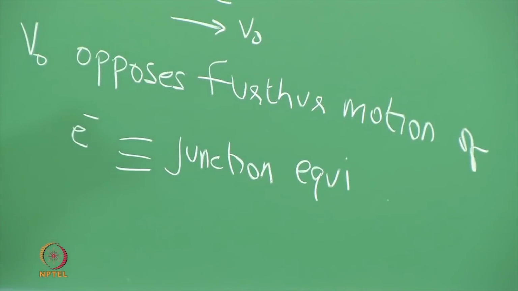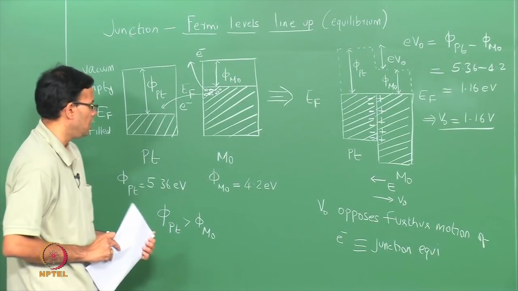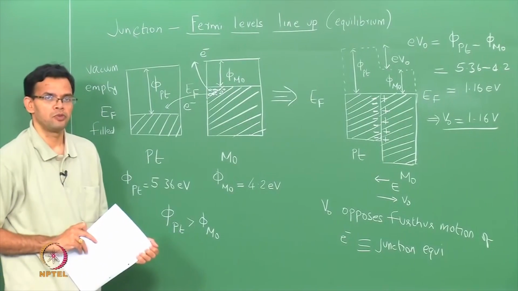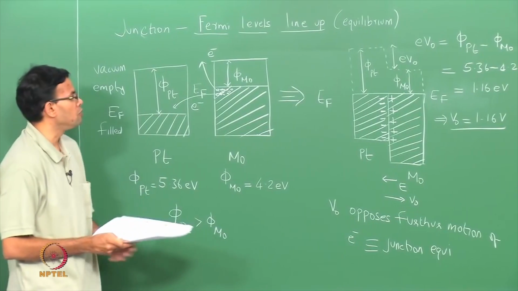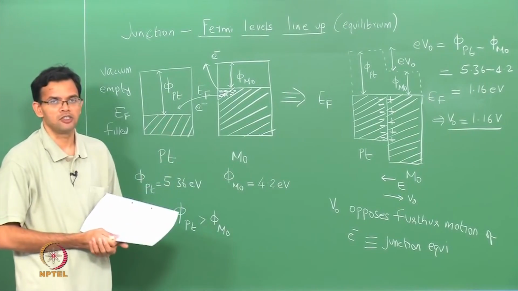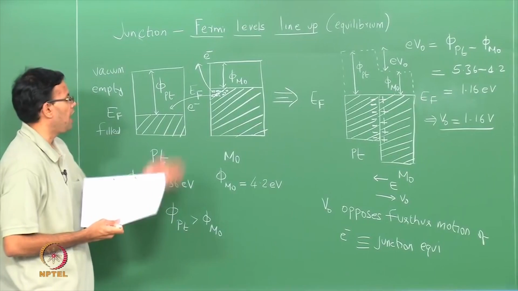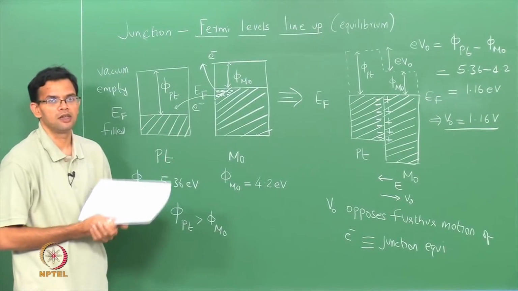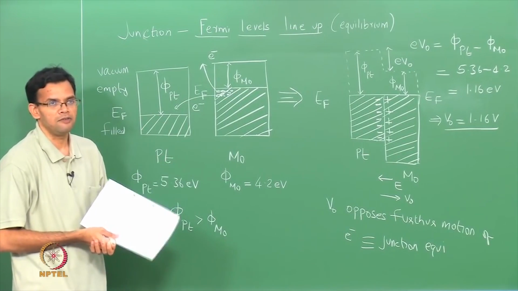So, when we have two metals with different work functions that come together and form a junction, once again, we don't look into the mechanics of how the junction is formed. We just say that we have a junction that is ideal, which means there are no defects.